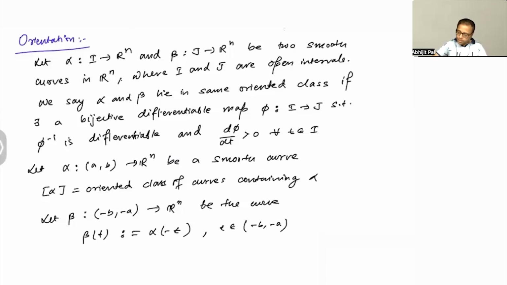If you take the equivalence class containing beta, then this equivalence class containing beta is not equal to the equivalence class containing alpha.